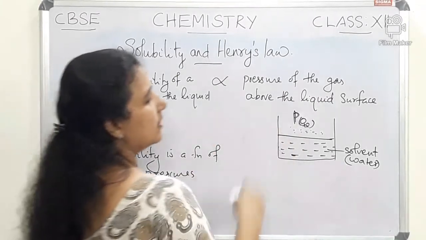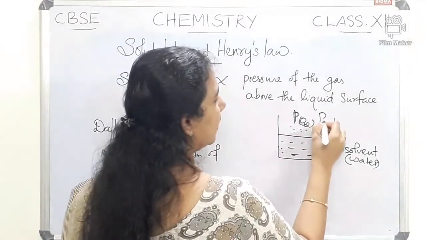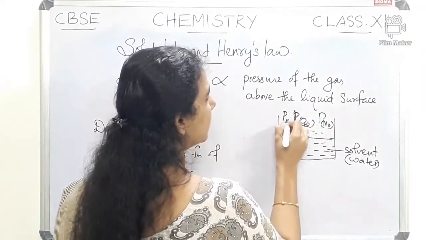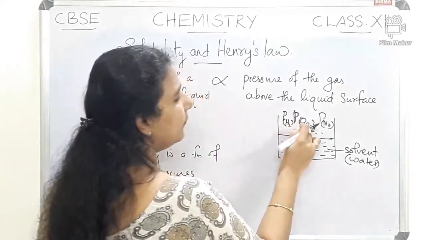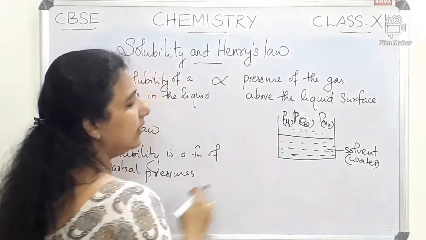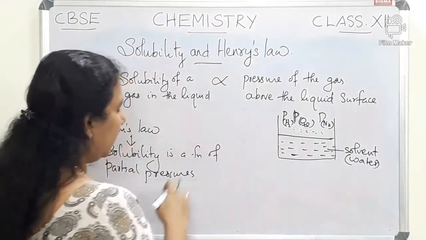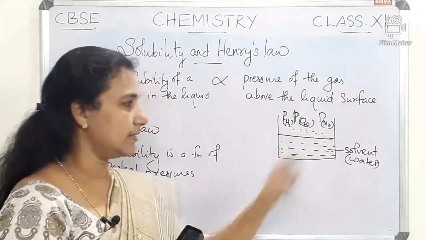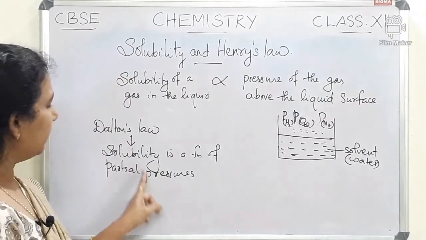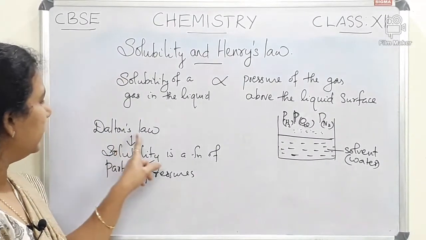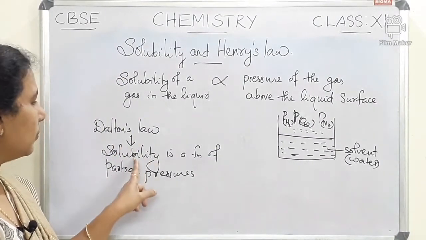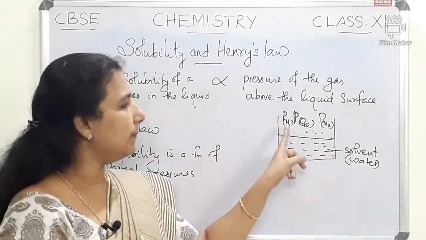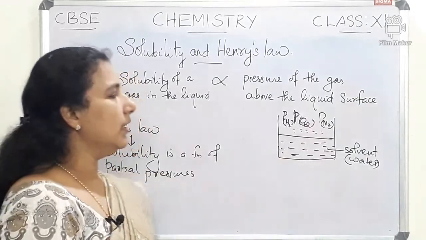So if it is oxygen, and if there is nitrogen and hydrogen, etc., there are different gases on the liquid surface. So we have to consider the partial pressure of each gas. Dalton says solubility is a function of partial pressure.